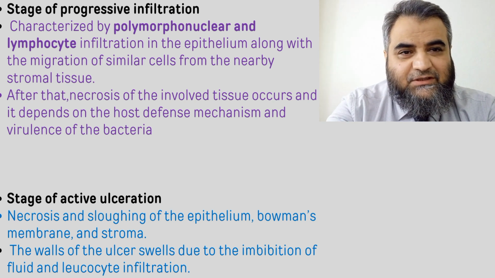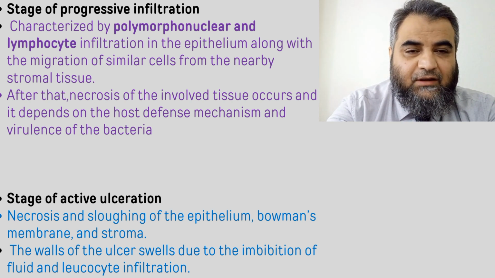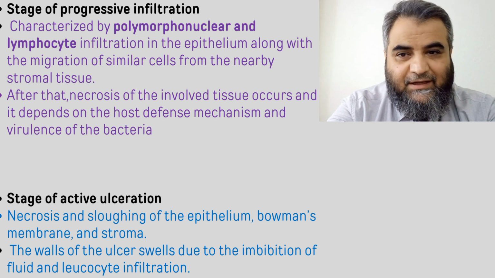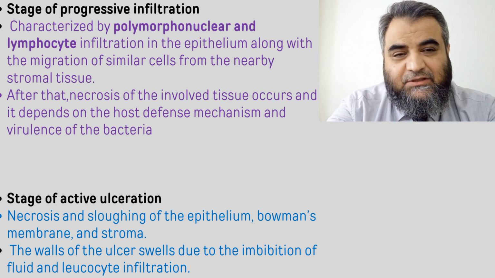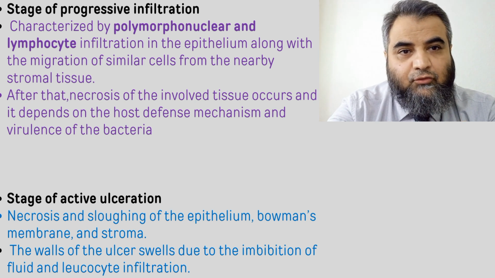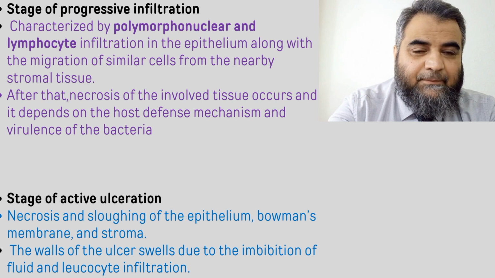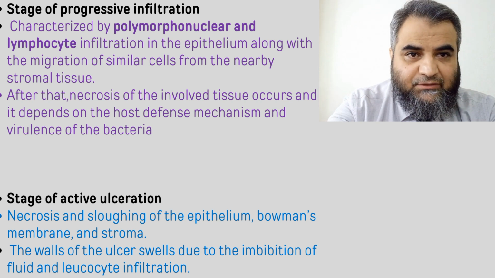During this stage, sometimes if the host defense mechanisms are weak, there may be an element of damage to the tissue and necrosis in the cornea. That may happen, but this is basically dependent upon how strong the host defense mechanisms are. So this is the first stage, the progressive infiltration phase.